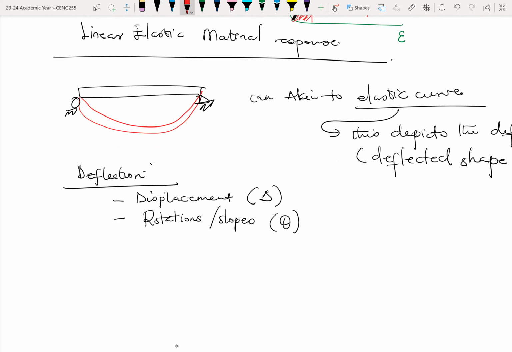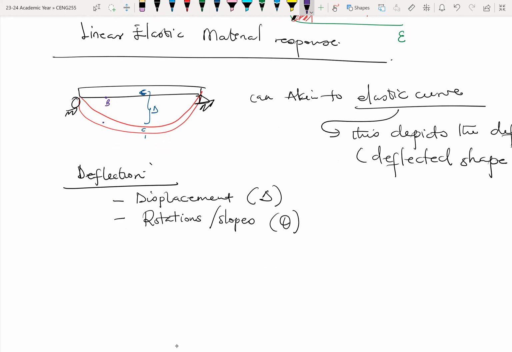So at least if this is your point C, it has now moved to somewhere here. So there's displacement. C has displaced vertically downwards. Okay. When a beam also deflects, let's call this point maybe B. So this is B. Okay.